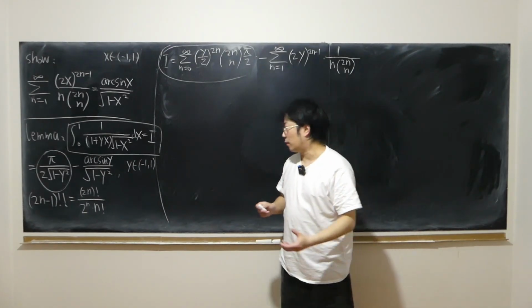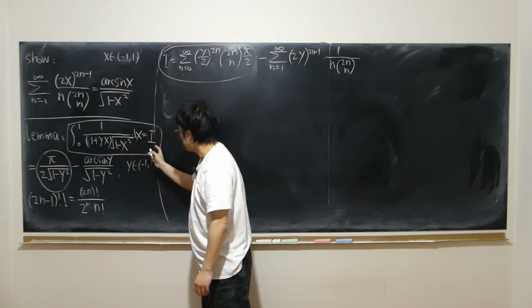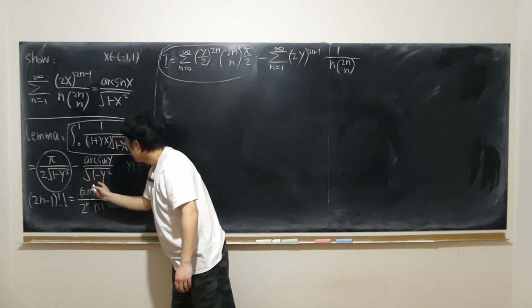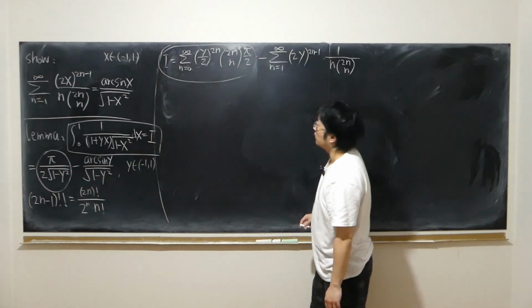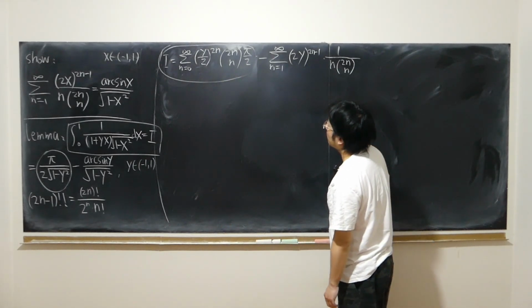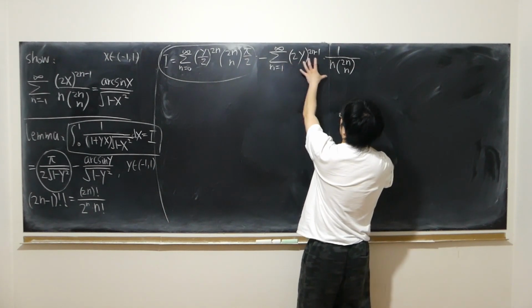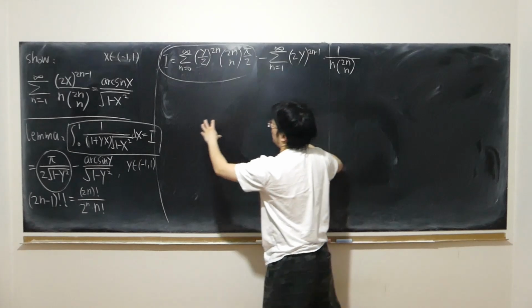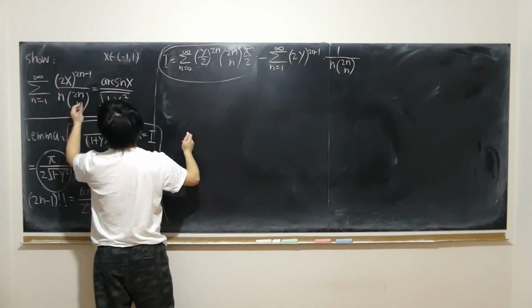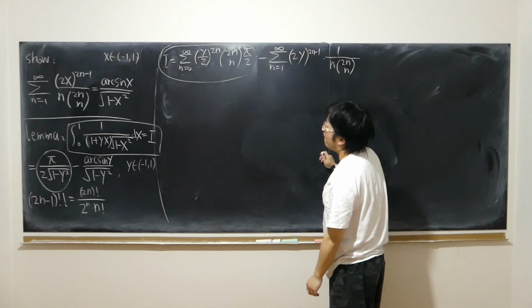So all in all, I've just shown that not only can this definite integral be expressed in this way, which is already true, but we've also shown that it can be expressed in this way. It looks like this part is exactly the same as this part, except we have x here and y there.